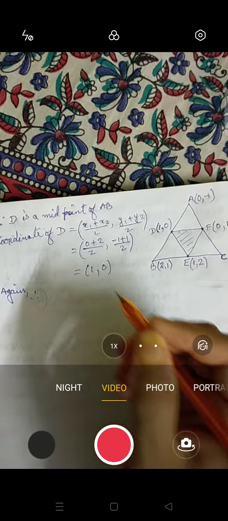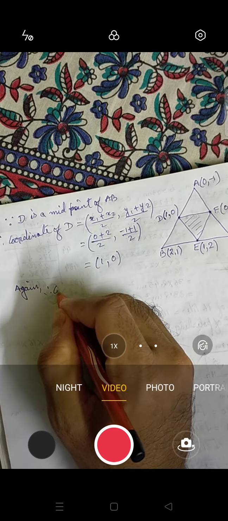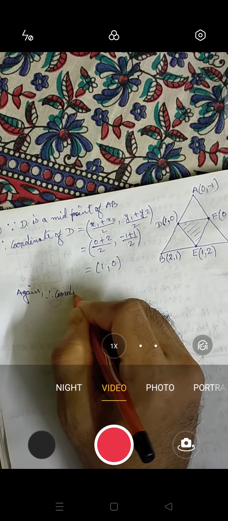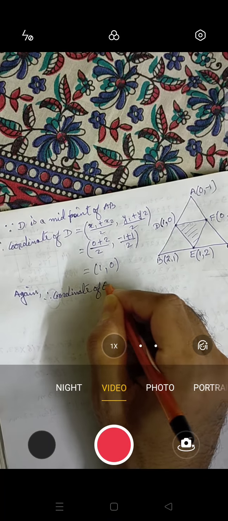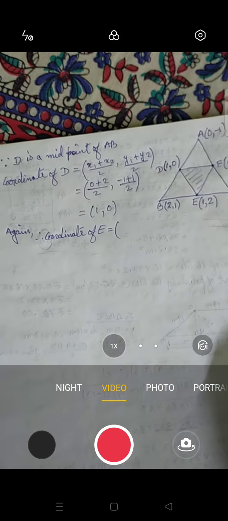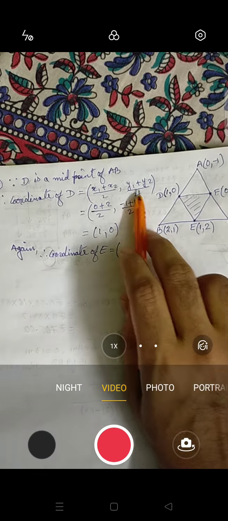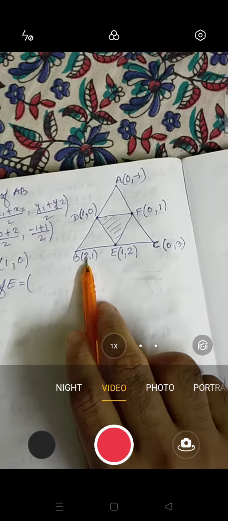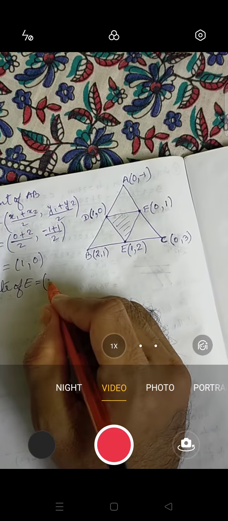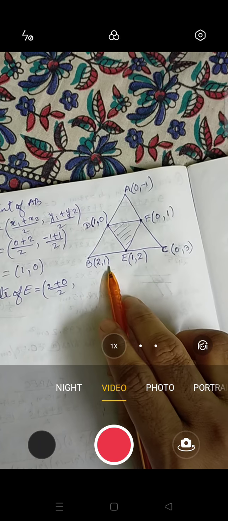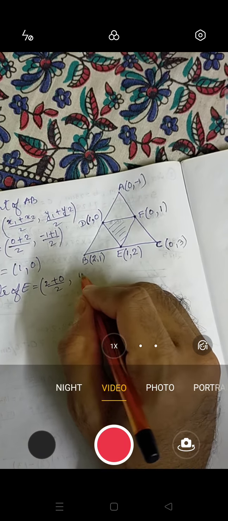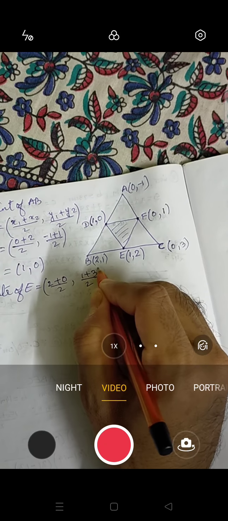Therefore, can I say coordinate of E equals to, this time I will not write the formula because already I have written the formula. So this time I will say 2 plus 0 by 2 comma 1 plus 3 by 2. Any problem?